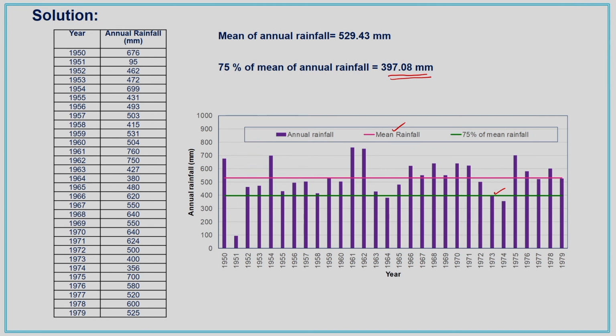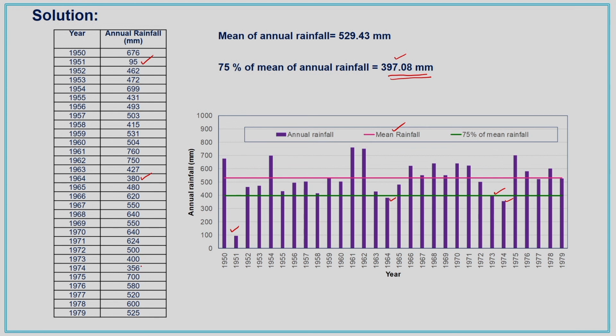Observe the graph carefully. You can see less than 75% of mean rainfall in the year 1951, then comes the year 1964 and 1974. In 1951 you can check, it is coming out to be 95 millimeters of rainfall, and in 1964 it is 380, less than 397, and then comes 1974.